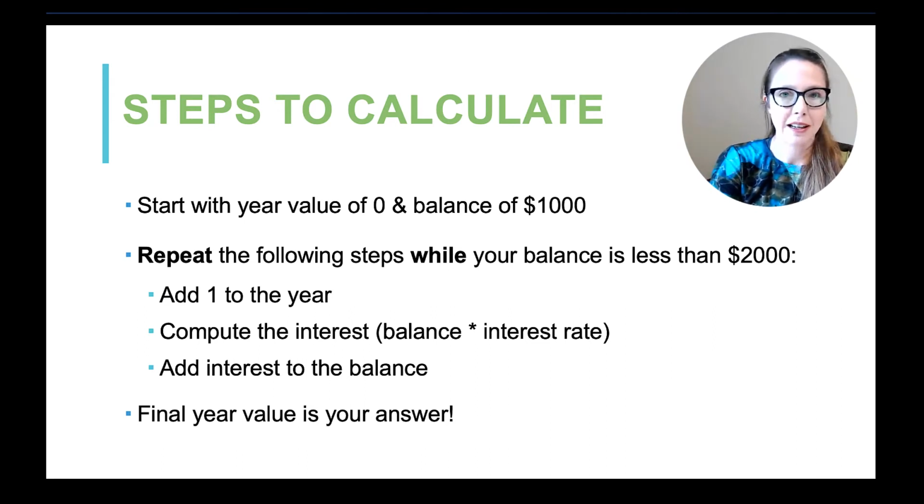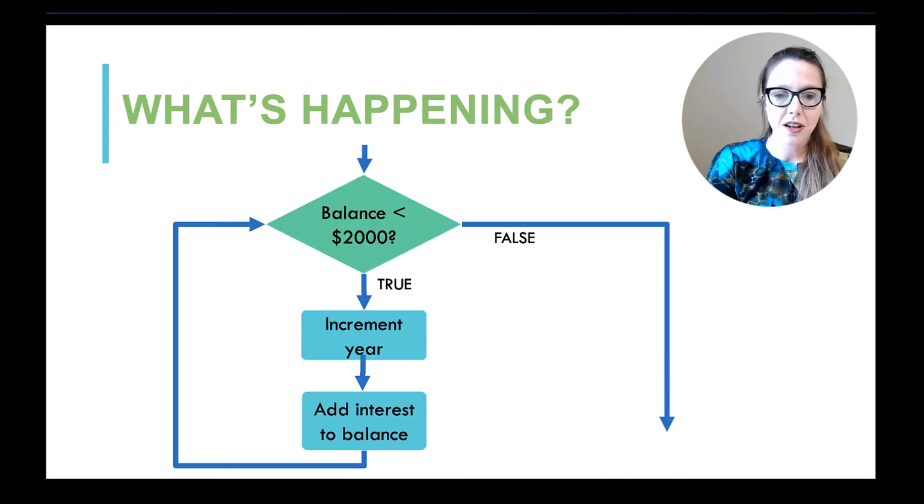So what's happening? If we look at the flow chart of what takes place for this to happen, we come in and we say, while the balance is less than $2,000, so keep doing this while this statement is true. If the balance is less than $2,000, we are going to increment the year, add interest to the balance, and then proceed.